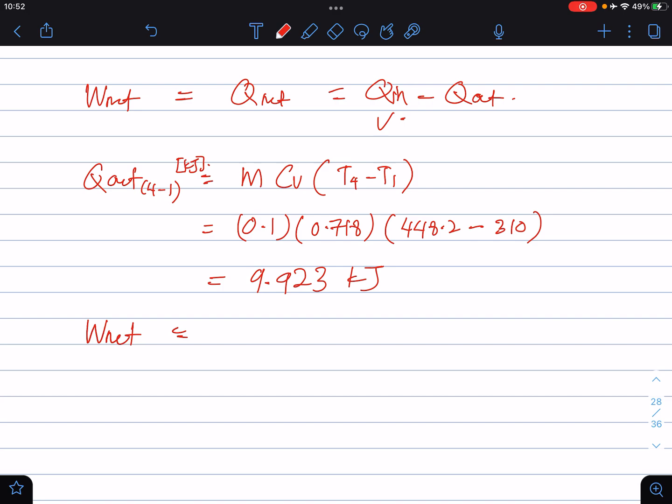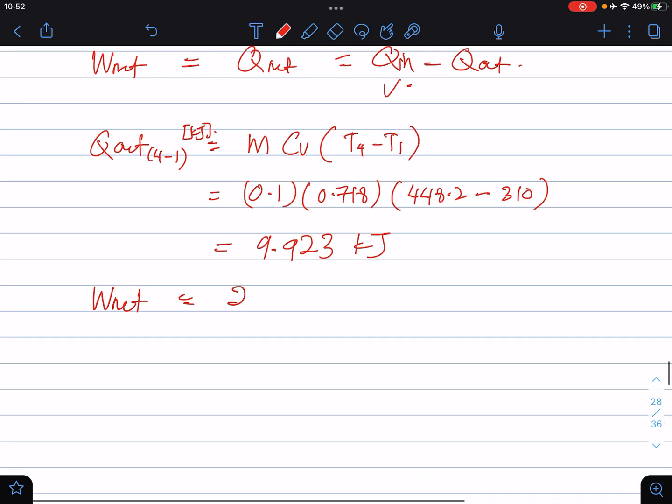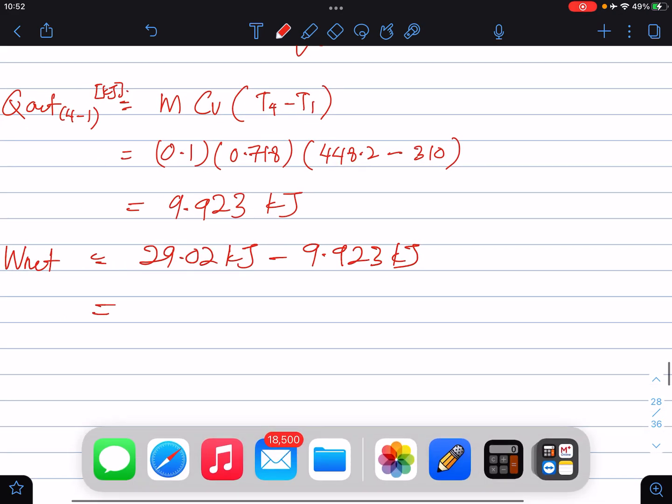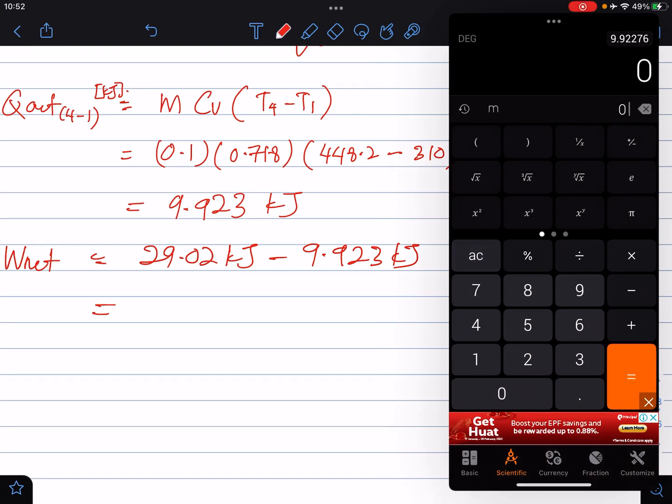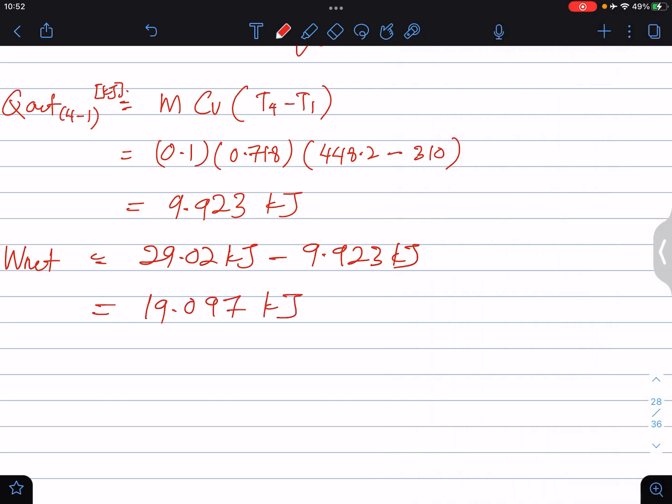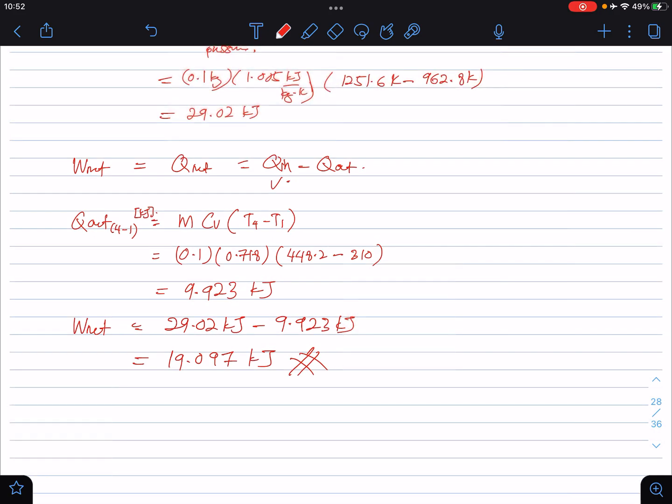So you get your Q in calculated 29.02 kilojoule minus 9.923 kilojoule. Again, calculator, 29.02 minus 9.923. So this is equal to 19.097.